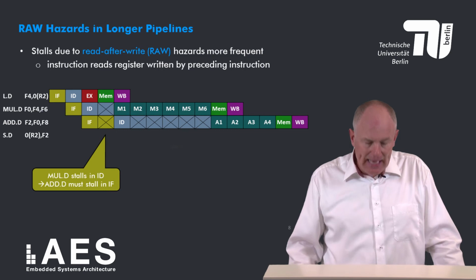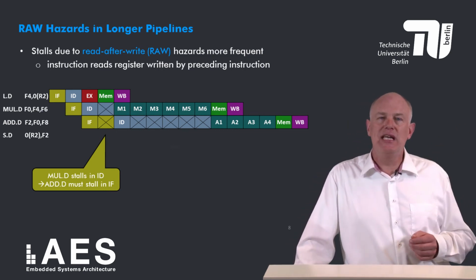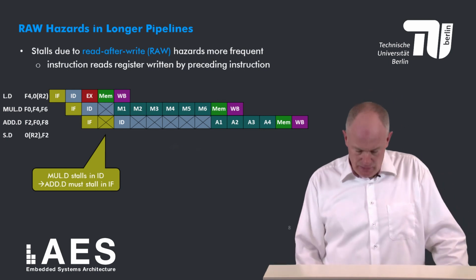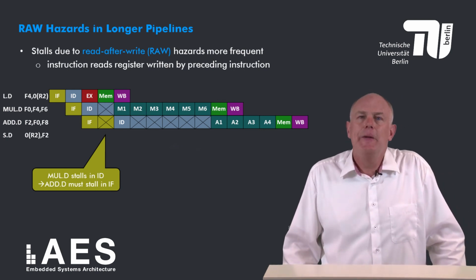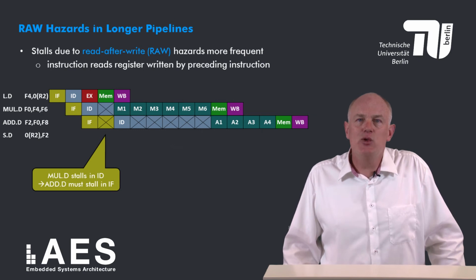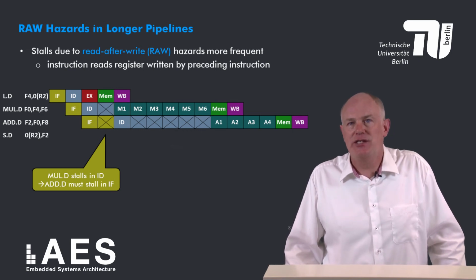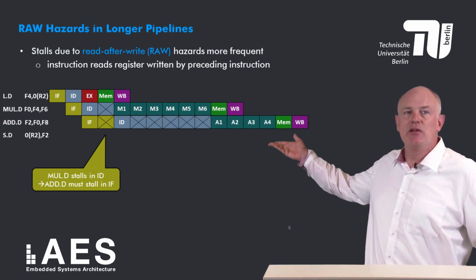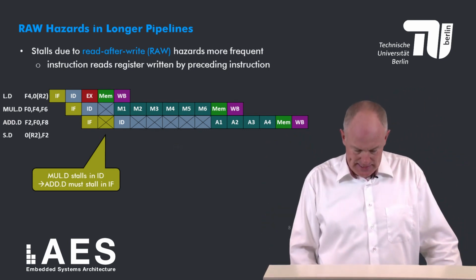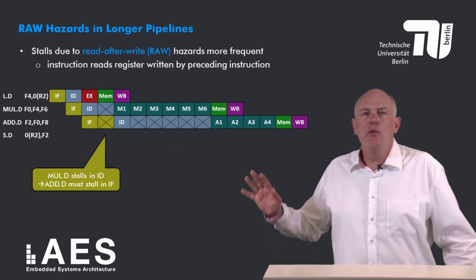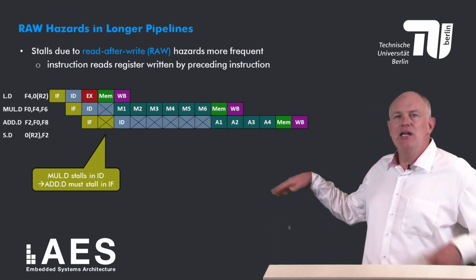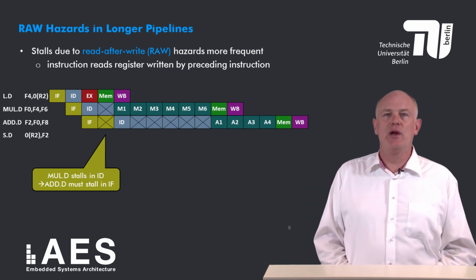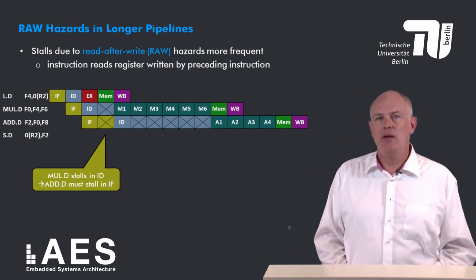Second, because the add uses the result of the preceding multiply, and this result is not available until the end of the multiplier pipeline, it has to stall in its instruction decode stage until the result is available, which is after the 6th multiplier stage, M6. Note that in this pipeline diagram I assume that the result can be forwarded from the M6 stage to the first floating point adder stage A1.